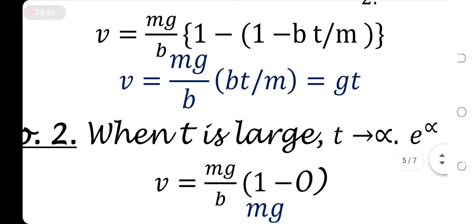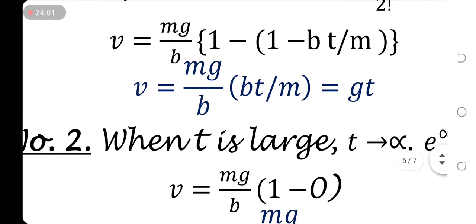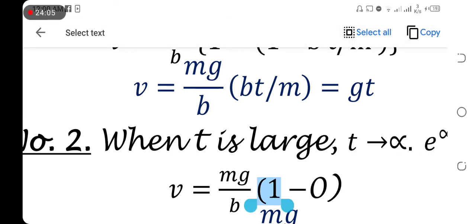Simplifying it, v would be equal to mg over b into bt over m. In other words, v equals gt.